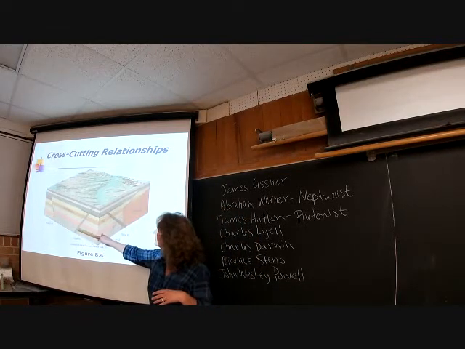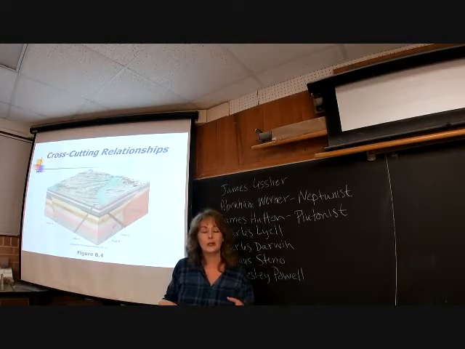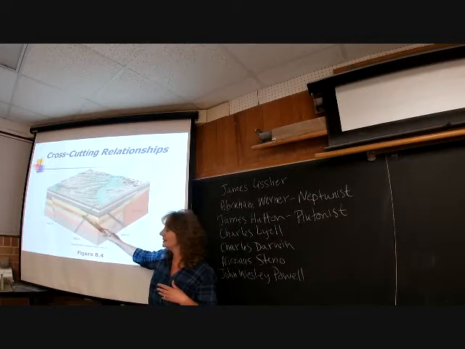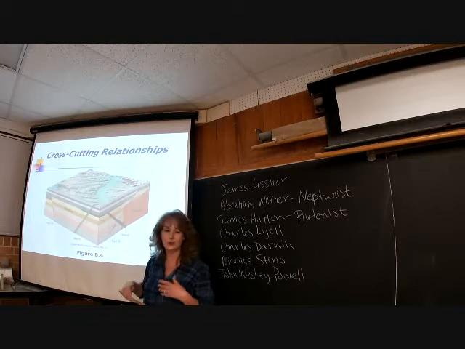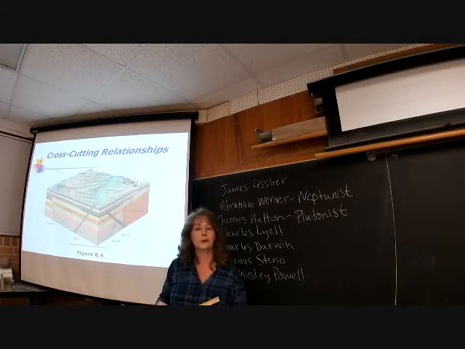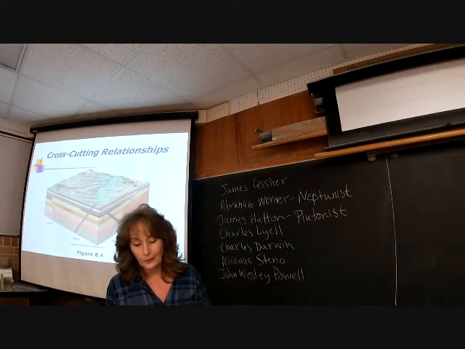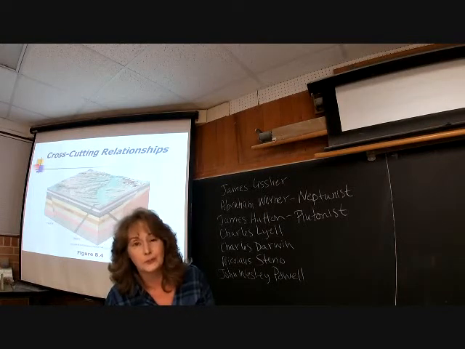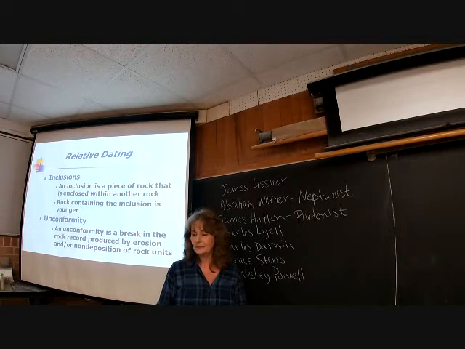And then this would be the youngest event. That igneous intrusion would have come more recently. So we're putting together superposition, original horizontality, and cross-cutting relationships to order a sequence of geologic events. That's what we can do to use these principles or laws of geology in relative age dating.